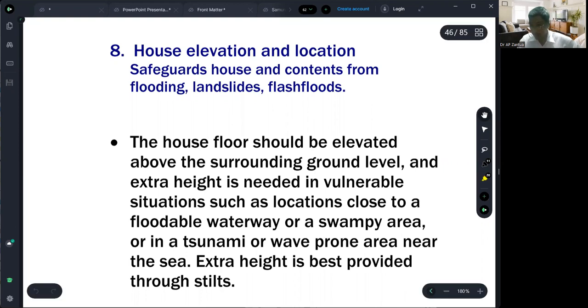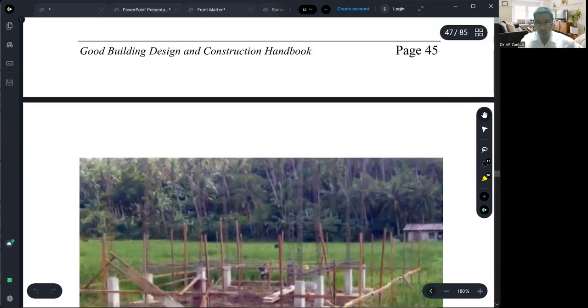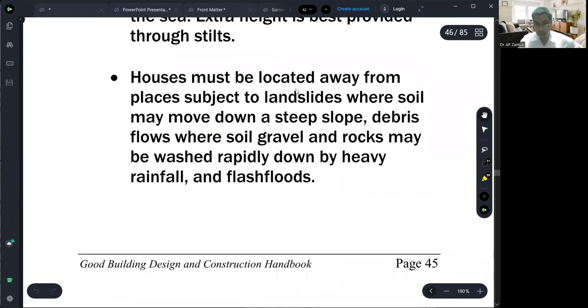So that's one countermeasure for that. Houses must be located away from places subjected to landslide, to protect from landslide. And those are two principles.